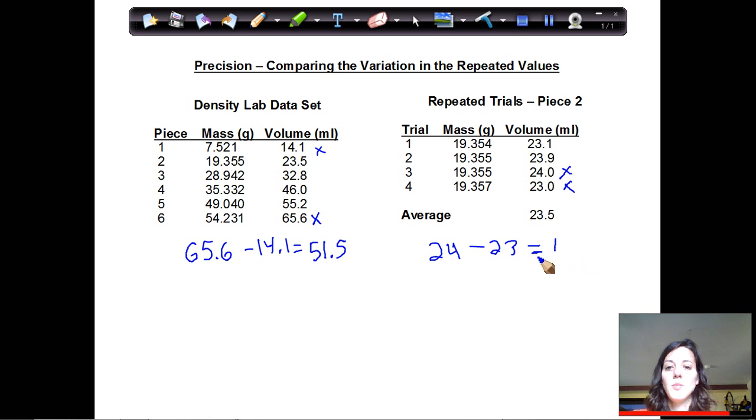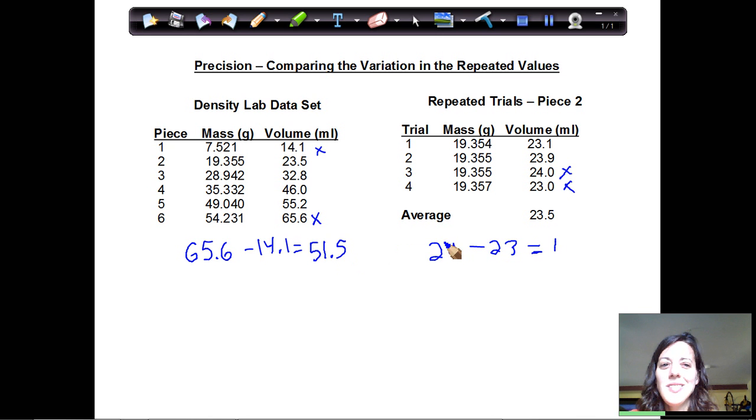You can tell just by looking at it that this is natural variation when taking measurements in a lab. That's what this is measuring, just random variation in a lab. But this variation was 1 milliliter versus looking at our actual data set, where the volume had a variation of 51.5 milliliters. So this value is much, much, much smaller than this value.